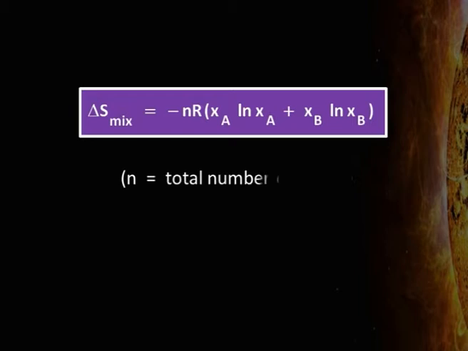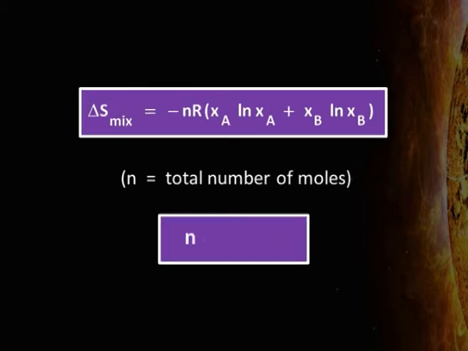We will get delta S mixing equal to minus N R multiplied by Xa natural log Xa plus Xb natural log Xb. Here N is the total number of moles, that is Na plus Nb.